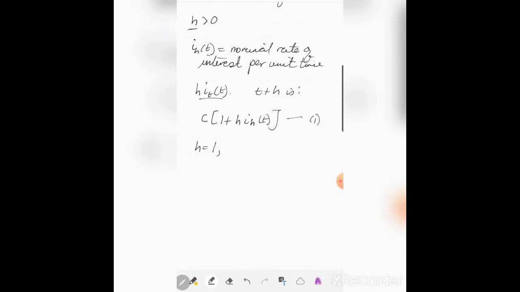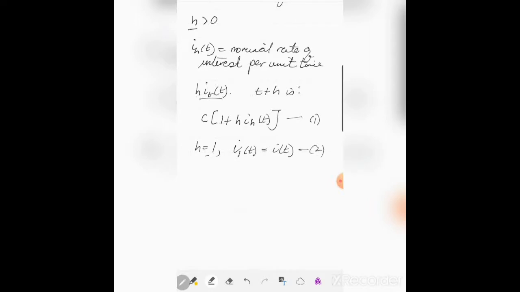If you put 1 here, we remain with i, then our t is 1, so this will give us i_t. This simply means that if h is equal to 1, the nominal rate of interest coincides with the effective rate of interest for the period t equal to 1. And this equation we call equation 2.